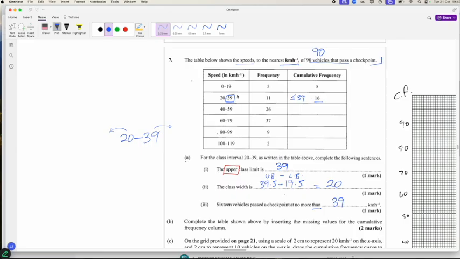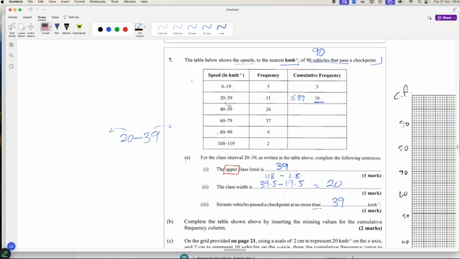So that means that 16 people were doing 39 or less. Because remember, it's the 11 people that were doing between 20 and 39, and 5 people were doing less. So 39 or less is the 11 plus the 5, which is the 16, right?